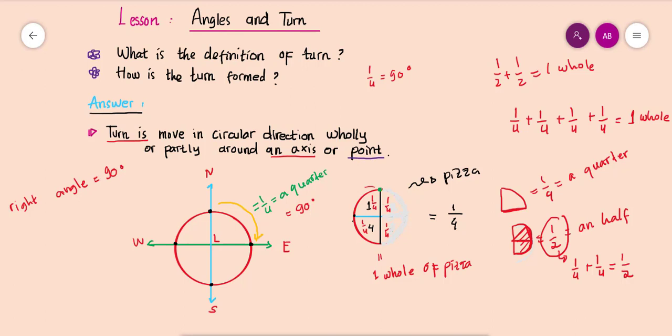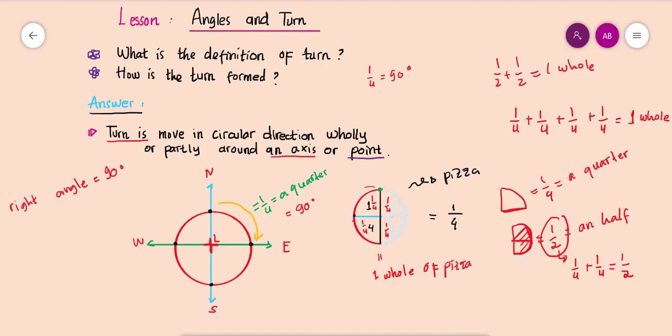Okay, if this one is a right angle, how about over here? Please look from this point of view. Of course, it's also a right angle. And when you see this over here, it's also a right angle. And this one is also a right angle, and this one too.